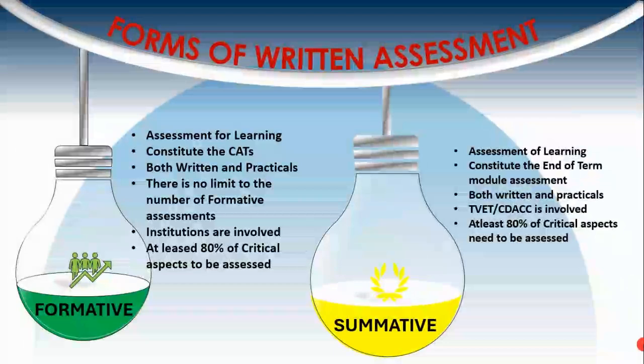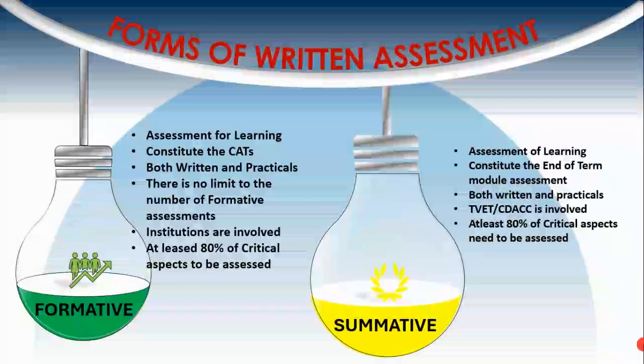So you'll be called upon as a trainer in a particular qualification to develop some of these tools. And that's what you're going to look at moving forward. If given opportunity, how do you develop these assessment tools? And if you look at the guidelines, it talks about at least 80% of critical aspects need to be assessed.